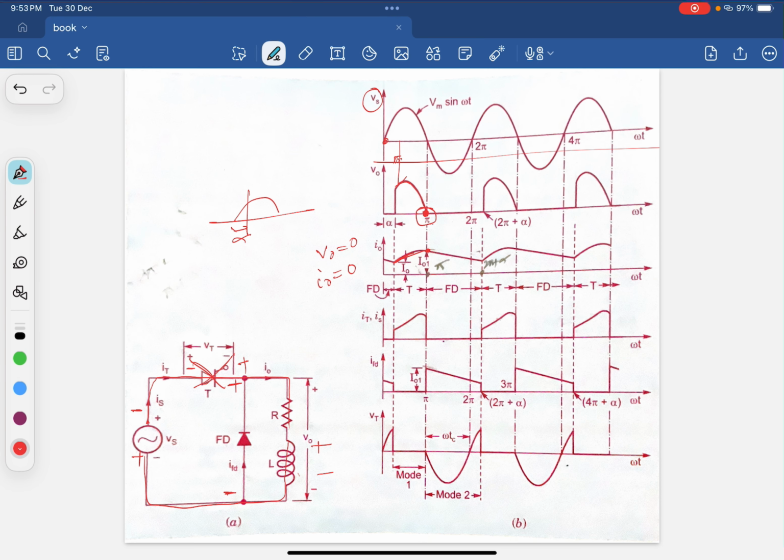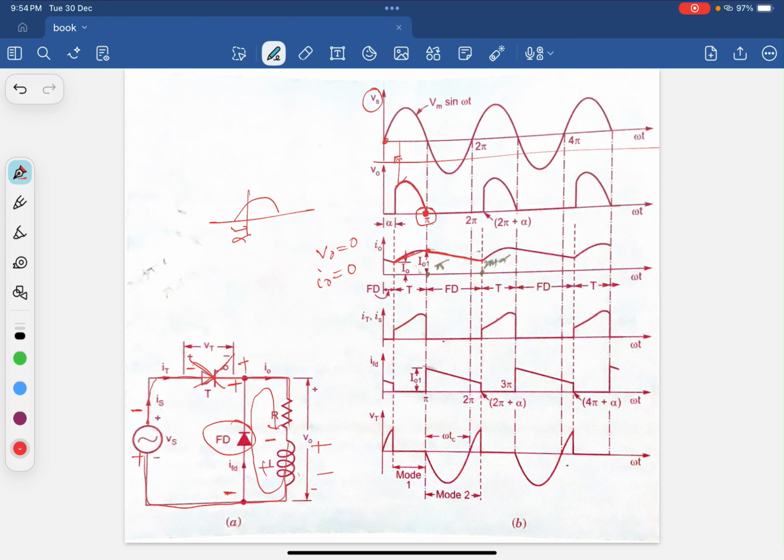And this freewheeling diode comes into the picture, and when the supply is removed, the inductor changes polarity from plus minus to minus plus. So it discharges through the freewheeling diode. You can see the second cycle, which was not conducting in the RL load as well as the R load, it starts dropping here.